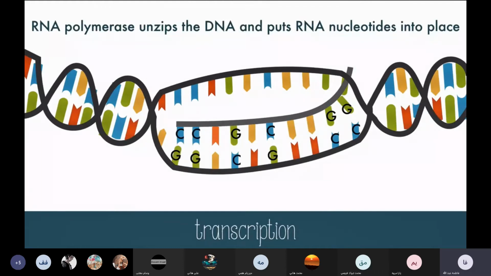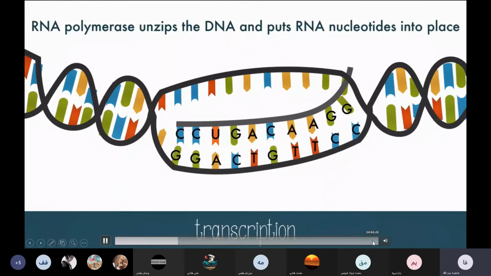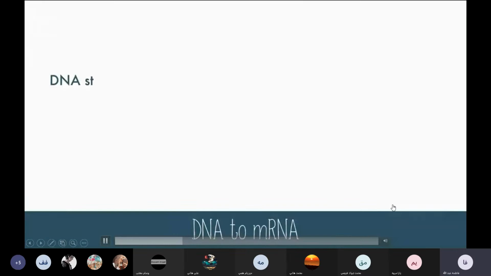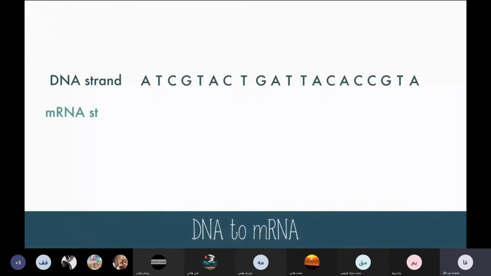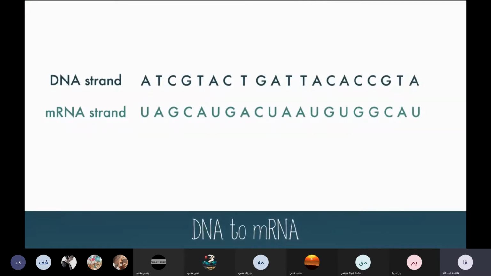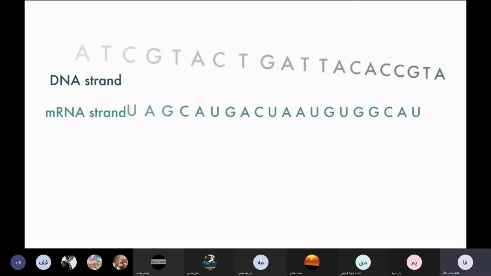C and G nucleotides match up, A and T nucleotides match up, but anytime the RNA places a complement to an A on the DNA, it places a U instead of a T in the RNA. Remember, RNA uses uracil instead of thymine. So, if the DNA strand looked like this, the complementary mRNA strand would be the complement, but each time there would normally be a thymine, there's a uracil in its place. The mRNA also doesn't copy the entire strand of DNA. It only copies the portion of DNA that codes for the protein it wants at the time. In fact, most of DNA doesn't code for anything. Only about 2% of it codes for protein.